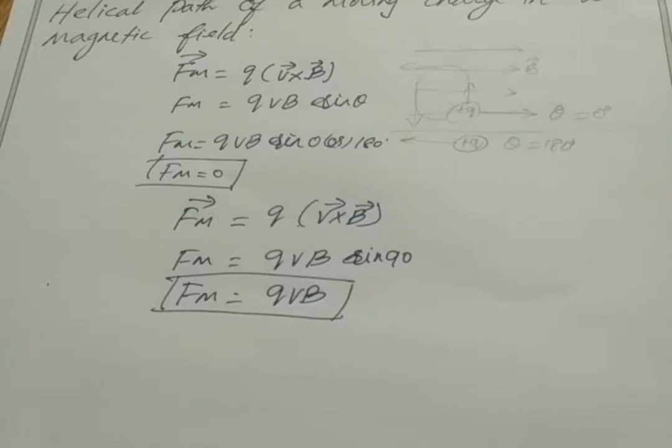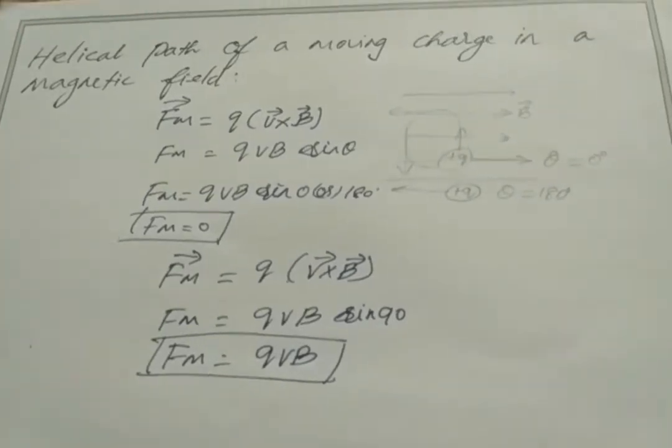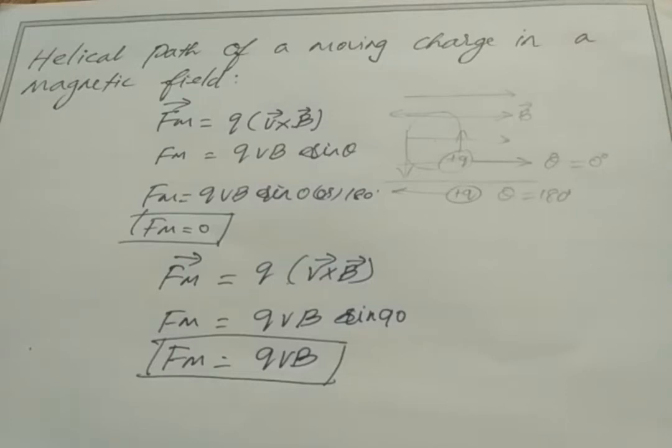So here we study helical path of a moving charge in a magnetic field. Already we studied circular path and straight path. Here, helical path. In this condition, we have a uniform magnetic field.